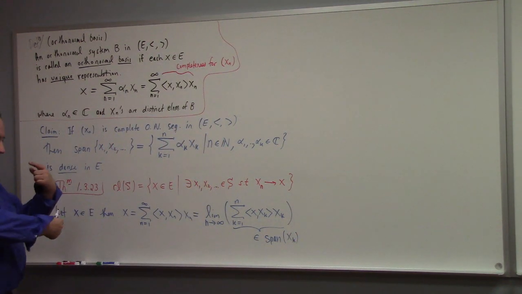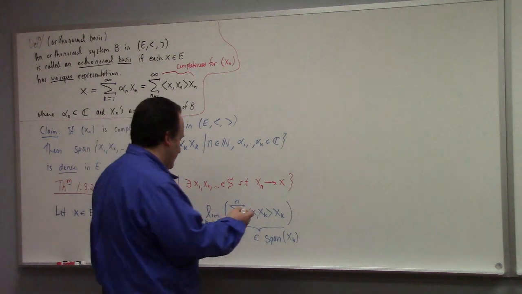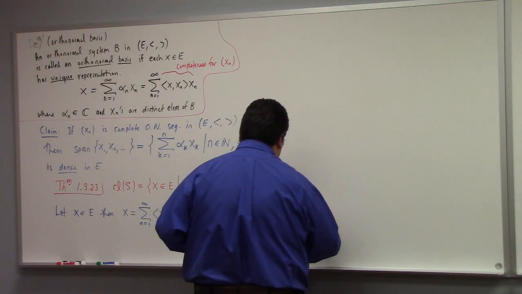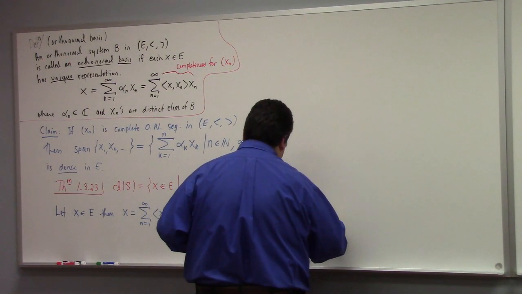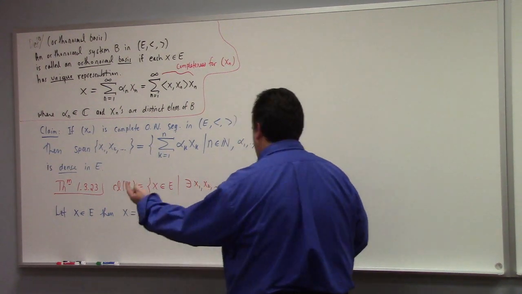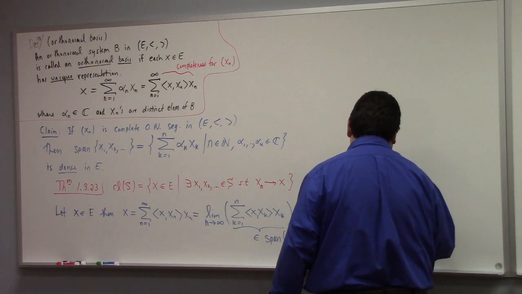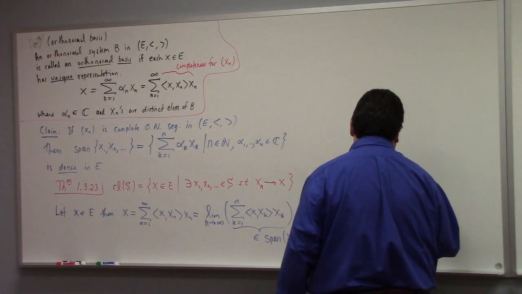So that is then by theorem 1.3.23 necessarily in the closure of S. But x is arbitrary, so that definitely proves it: x is an element of the closure of the span of xk. So we've proved E is a subset of the closure of the span.